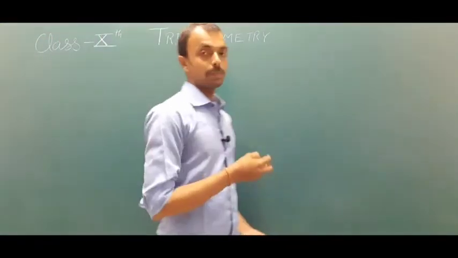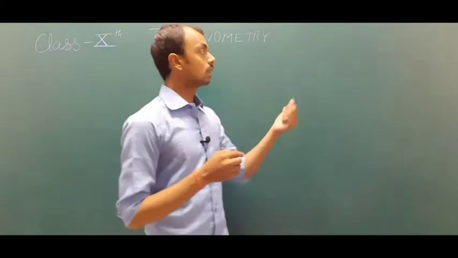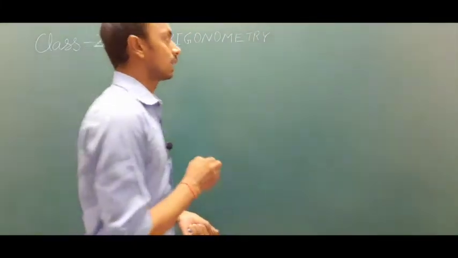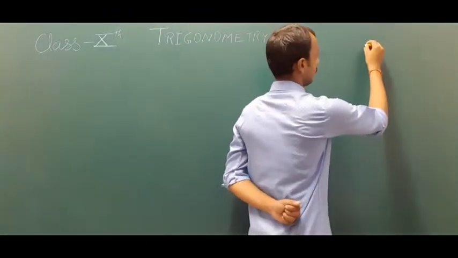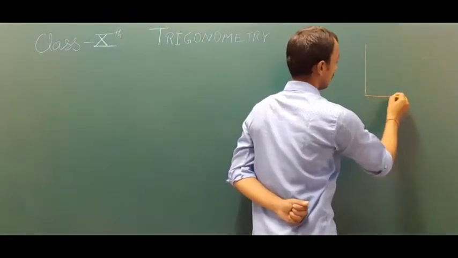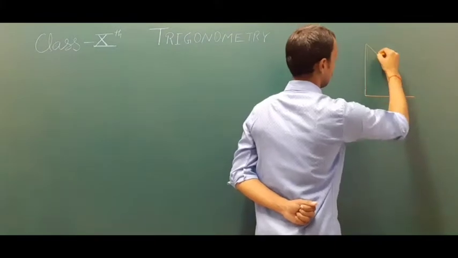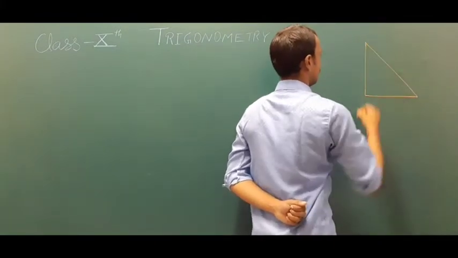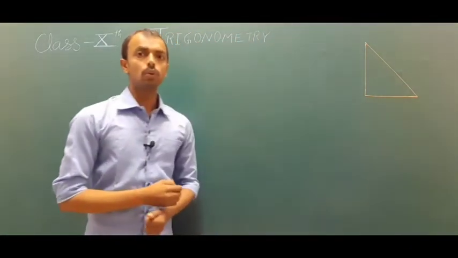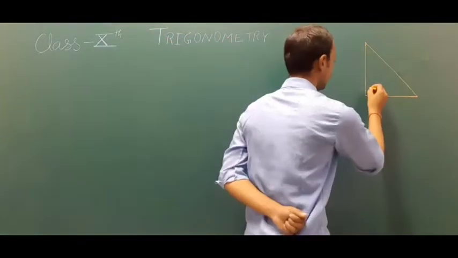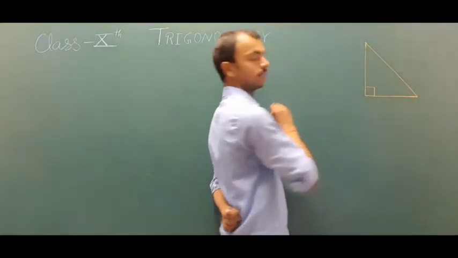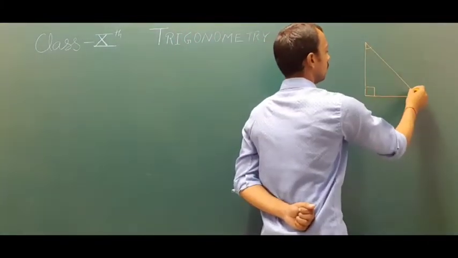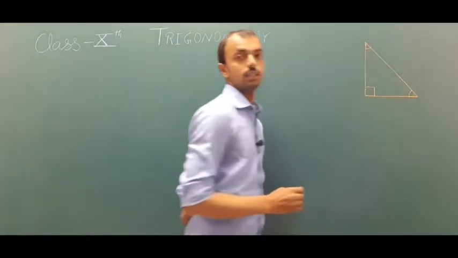Basically, this chapter deals with the right angle triangle. Okay, so if I take a right angle triangle, as you all know, in a right angle triangle there is a right angle, and two more angles which are acute angles.